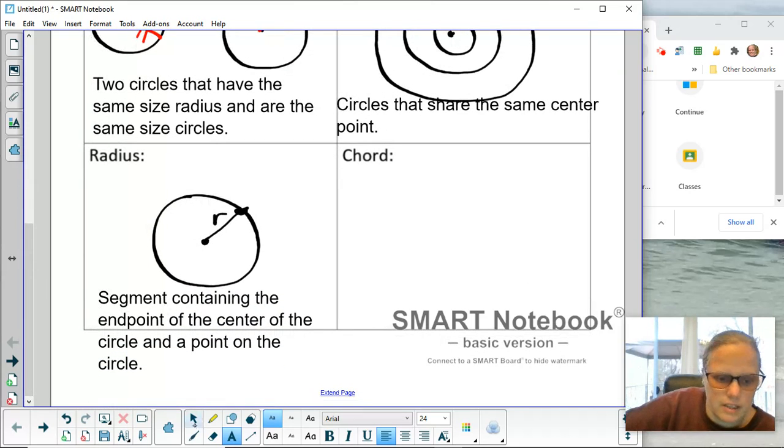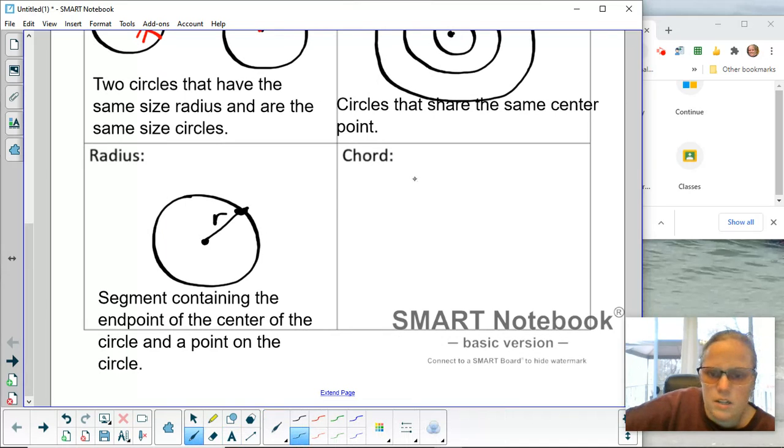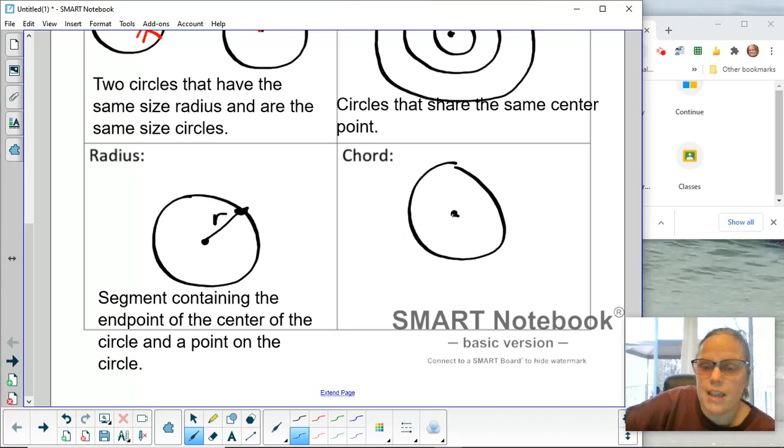All right, the last one on this page is chord, and a chord is also a segment, but a chord does not have to touch the center point. It just has to have two points, or its endpoints, on the circle.